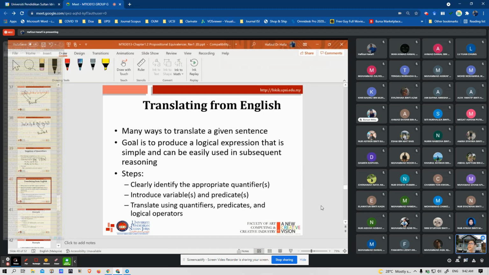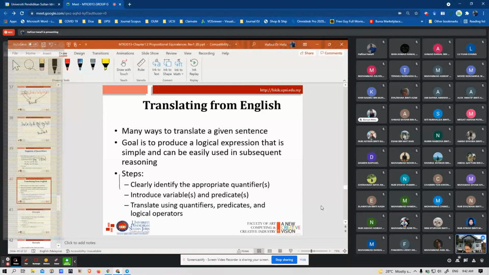And then you want to quantify, you need to translate. Translate a given sentence. The goal is to produce a logical expression that is simple, that can be easily used in subsequent reasoning. There are three steps here.